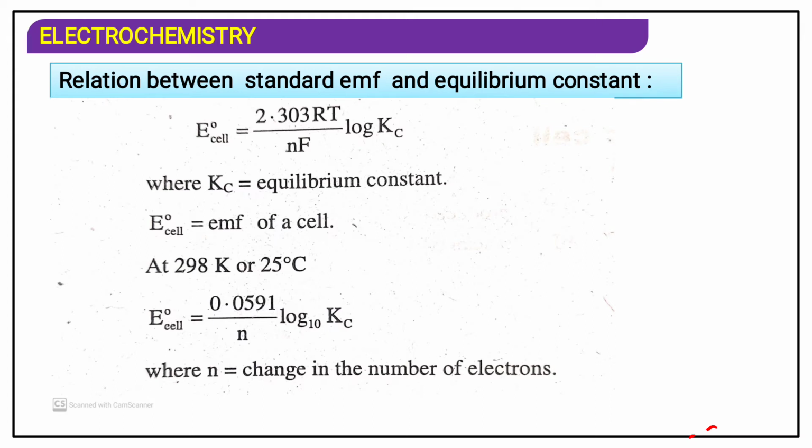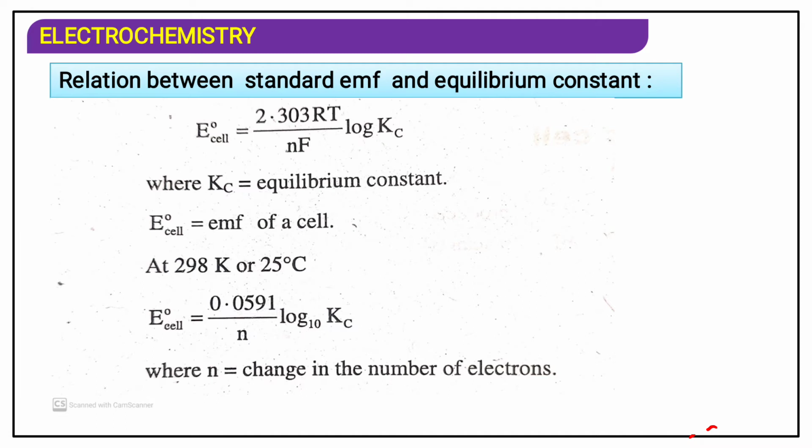The standard formula is E naught cell is equal to 2.303 RT divided by nF log Kc. This is the main relationship between the standard EMF of the cell and the equilibrium constant.